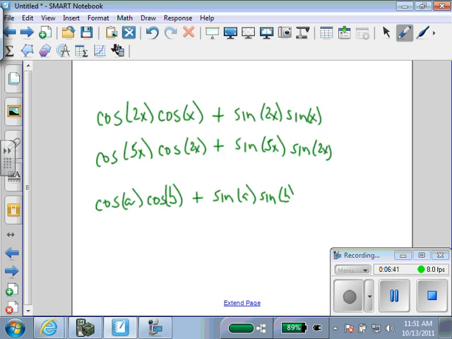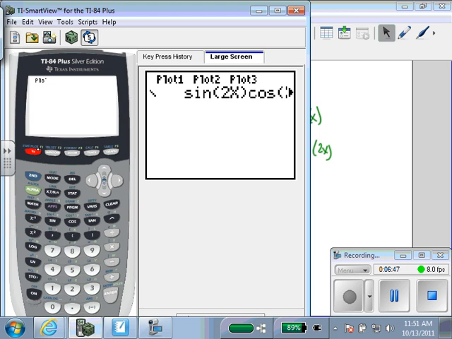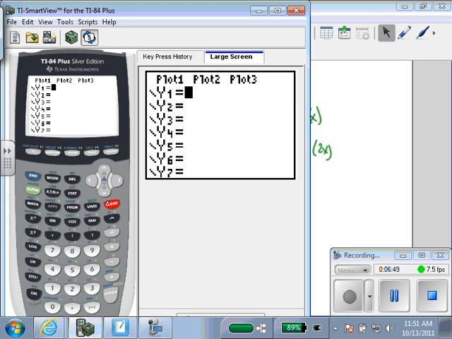So, what if we did cosine with cosine plus sine with sine? Cosine 2x cosine x plus sine 2x sine x.